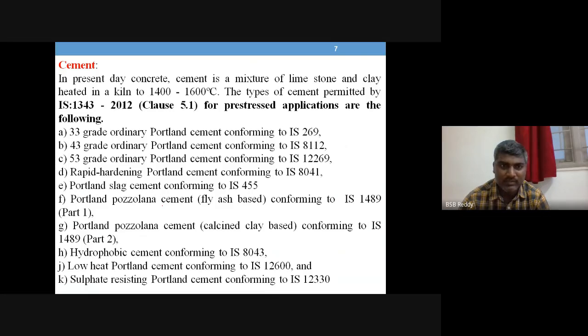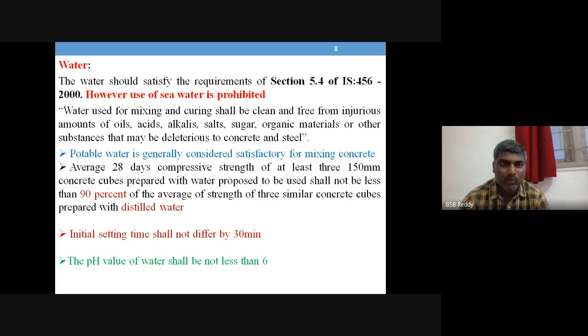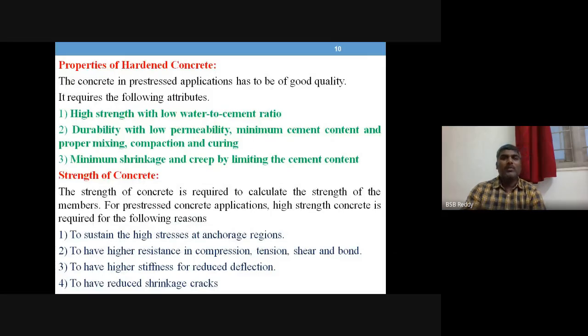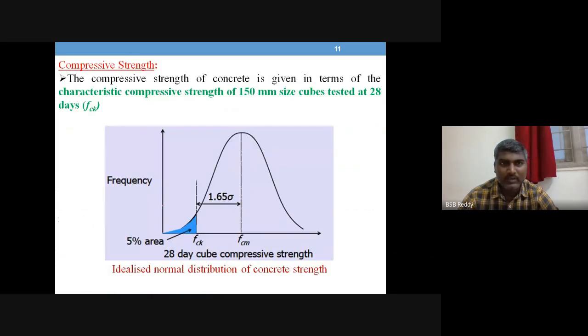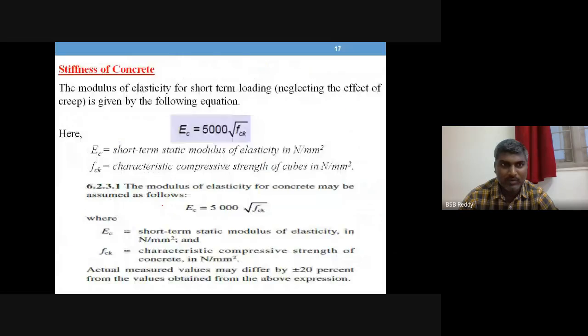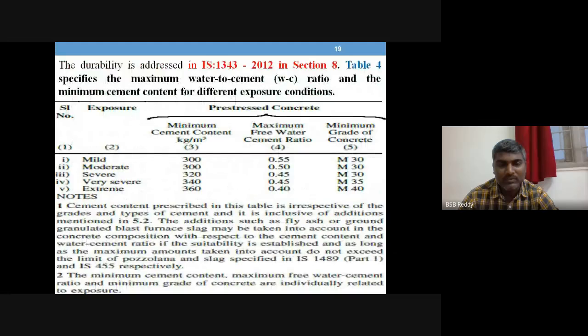And then cement, types of cement, water, and what type of water is required and how you decide suitability, admixtures. Properties of hardened concrete, strength properties: compressive strength and tensile strength. Stiffness property, durability of concrete.